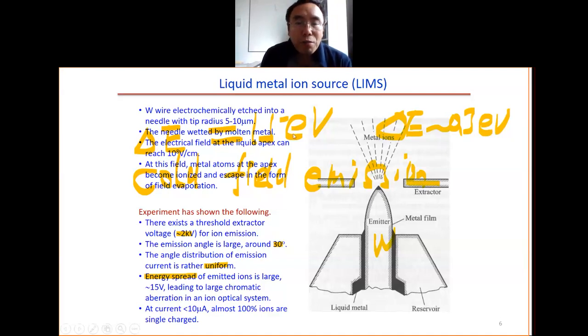But here we get 15 electron volts. So what will be the effects of this very large energy spread? As we know earlier, we have aberrations. One of them is the chromatic aberration, which is proportional to delta E. As a result, it is more difficult to focus the ion beam because of this chromatic aberration.